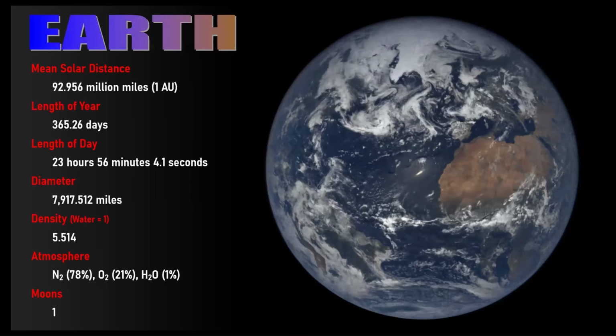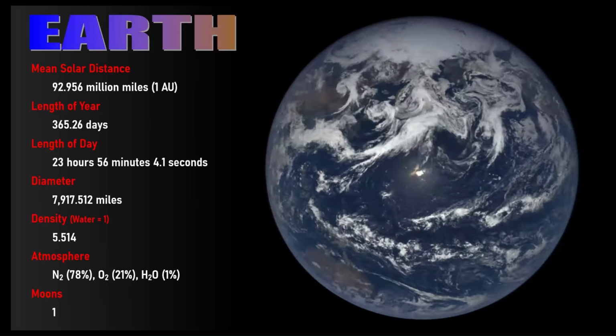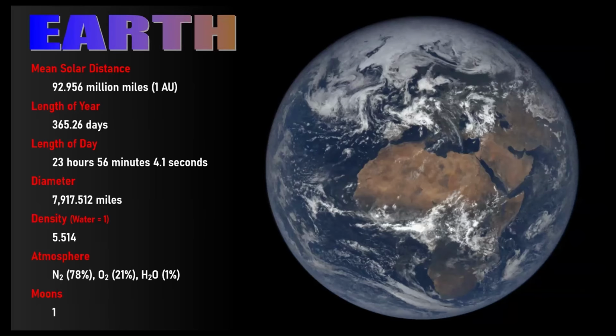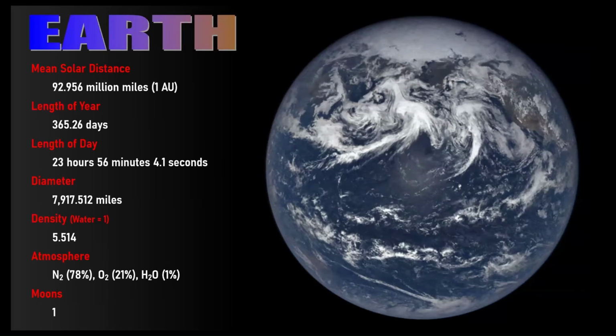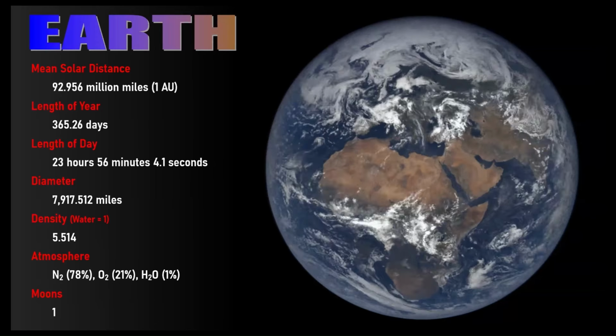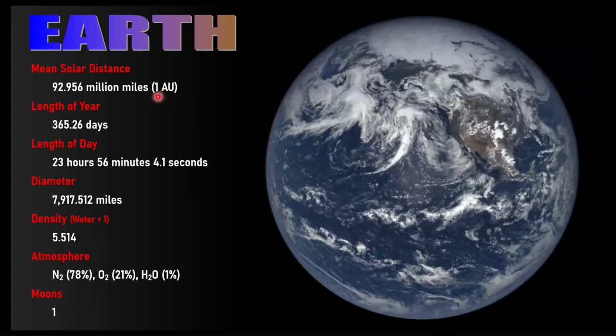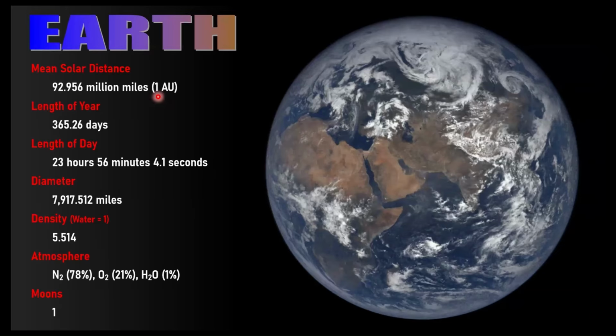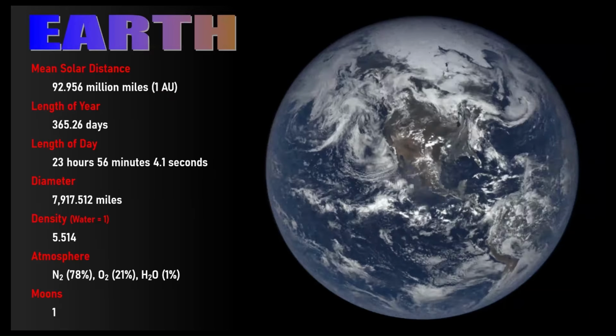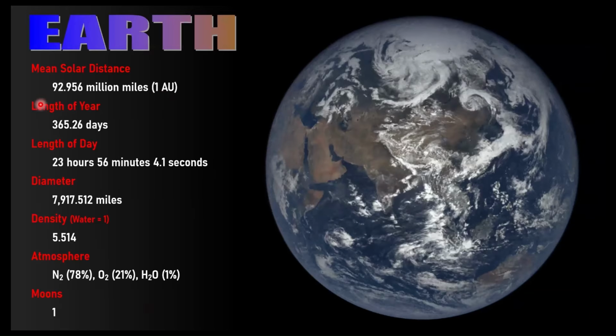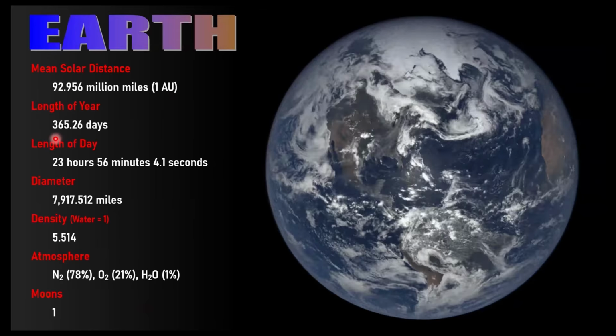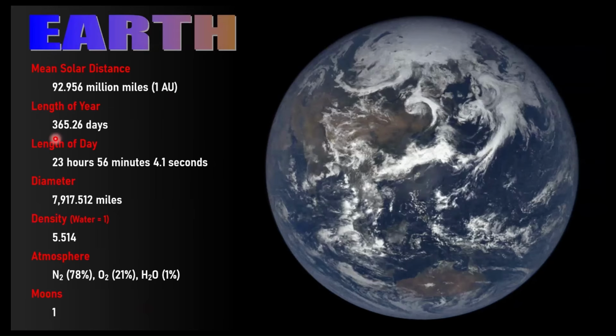So here is our home planet, Earth. We won't spend too much time here because, of course, astronomy is the study of everything beyond Earth, but we should know most of this stuff here. We are 1 AU from the sun, 93 million miles or 150 million kilometers on average. Takes us about 365 and a quarter days to complete one circuit about the sun.